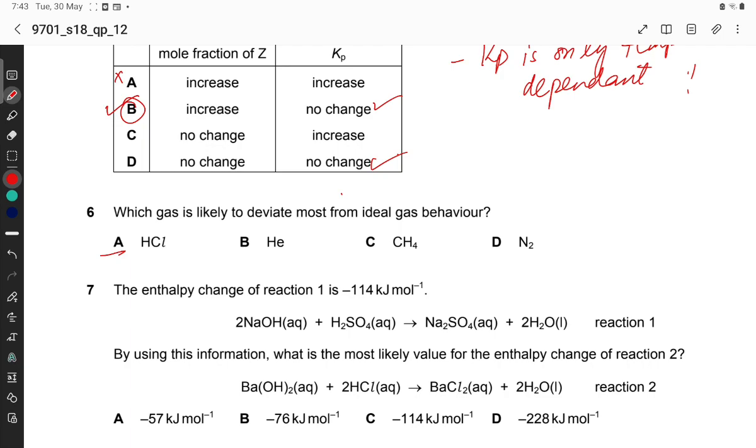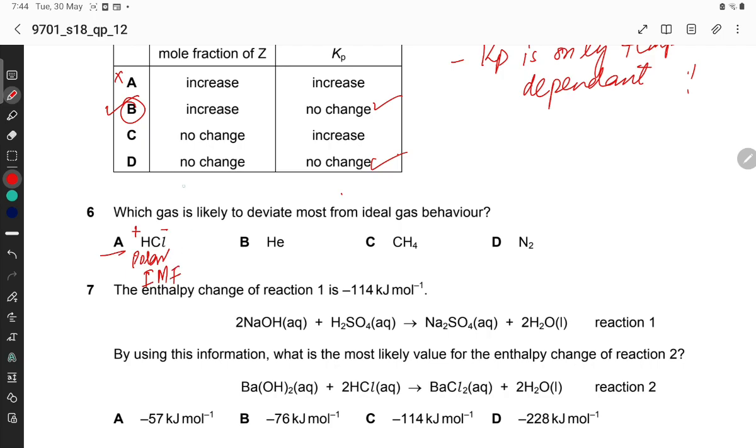In this question we can see that we have HCl. In hydrogen chloride, hydrogen carries a partial positive charge and chlorine carries a partial negative charge. So this is a polar molecule and has strong intermolecular forces, permanent dipole forces.